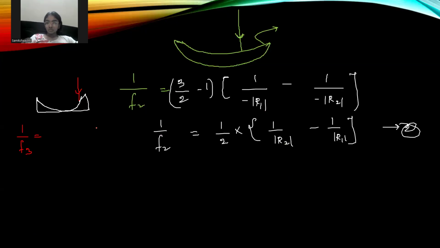Again water. Through water. 1 upon what I should write. This is R2, na? Clear? Minus what I should write now. This plane surface, so its radius of curvature will be infinite.